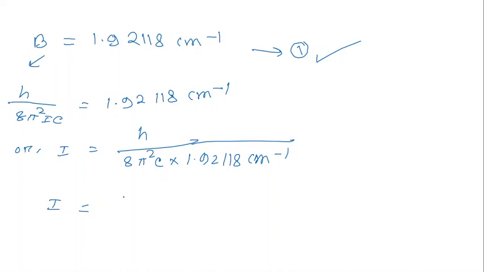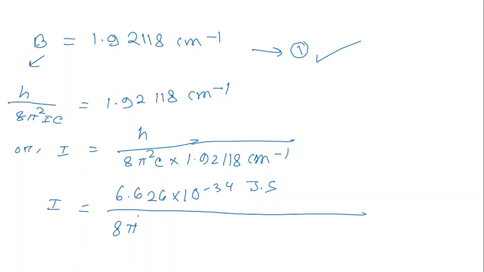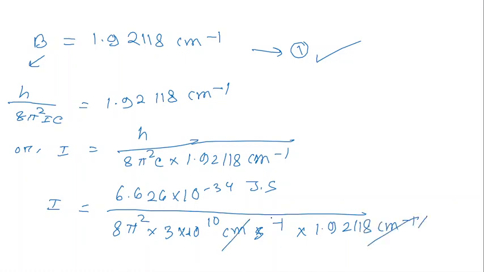Now again, the units: I am putting the value of h in joule second, 8 pi square, and it's in centimeters, so centimeter per second, into 118 centimeter inverse. So these things will cancel each other.